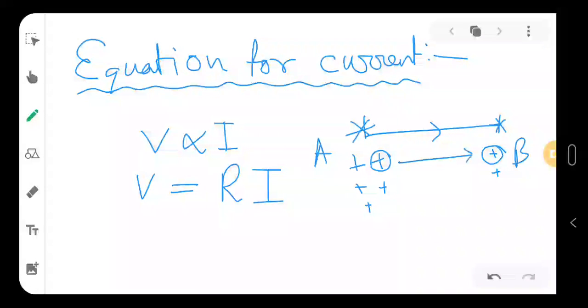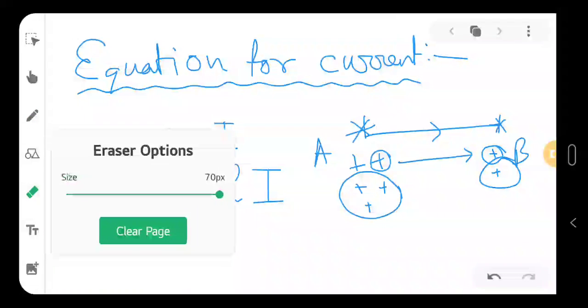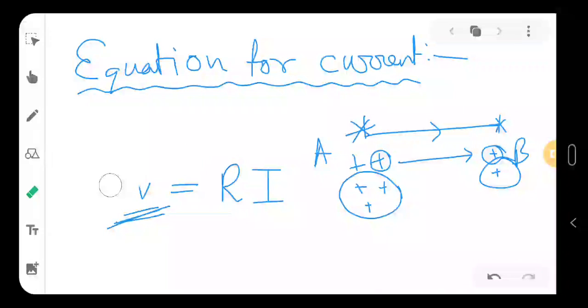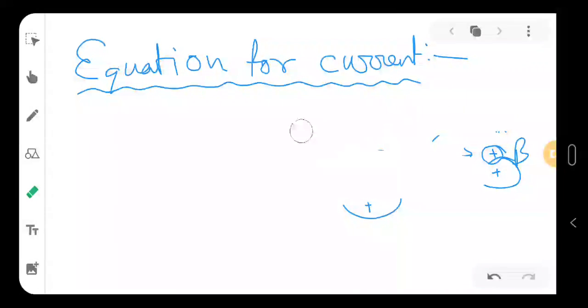So this tendency will be there to push the ion from point A to point B. Logically, we can say that if I increase this energy difference between 2 points, that means V, then the current will increase because of the push. But let us today prove this mathematically and using our logical derivations.